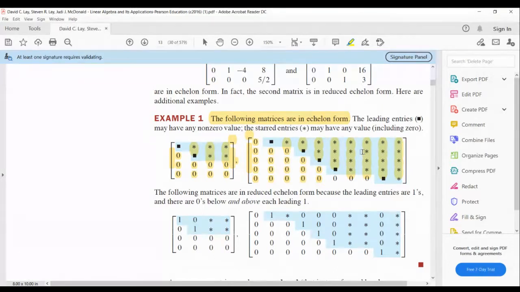The third criterion for a matrix being in echelon form is that all entries in a column below a leading entry are zeros. The black dots represent leading entries, and you can see below the black dots, the numbers that would be in the black dots, you see zeros.